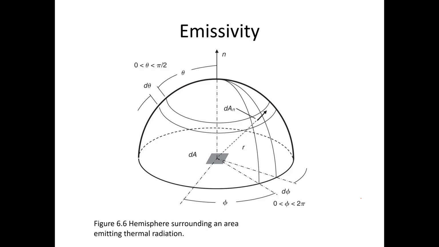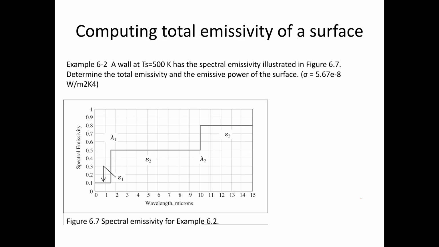A black body would have an emissivity of 1. How do you compute the total emissivity of the surface, though? Let's go ahead and talk about that in terms of an example.